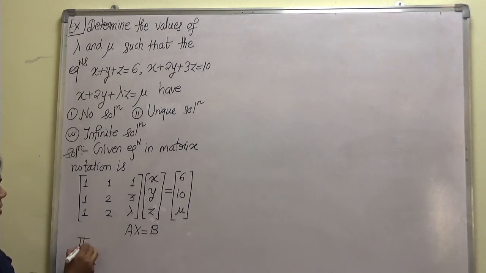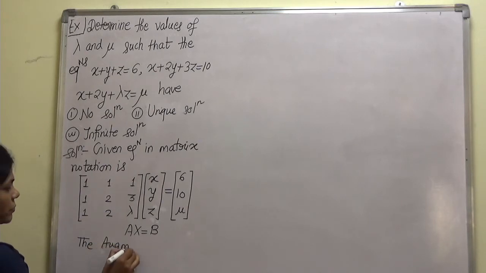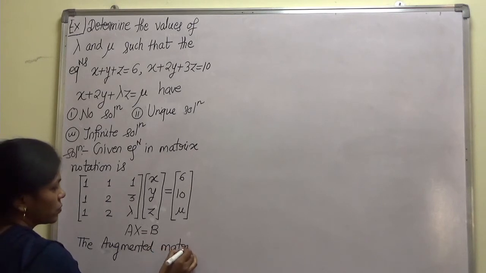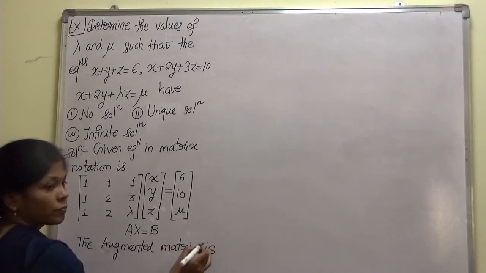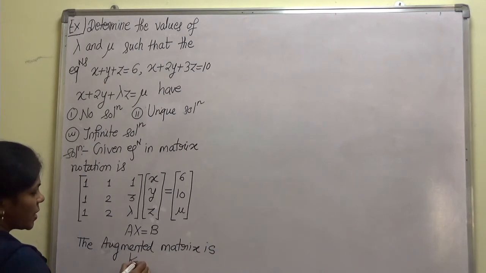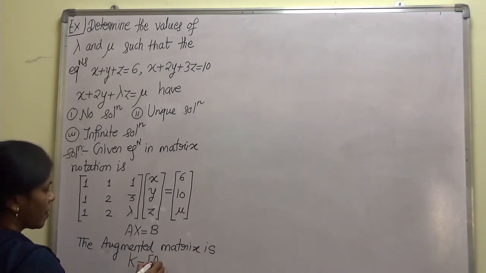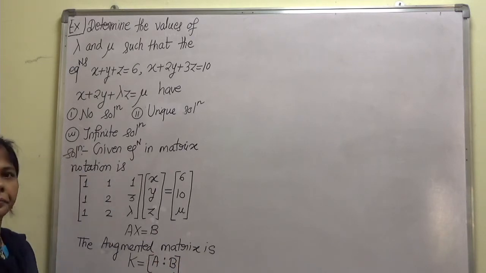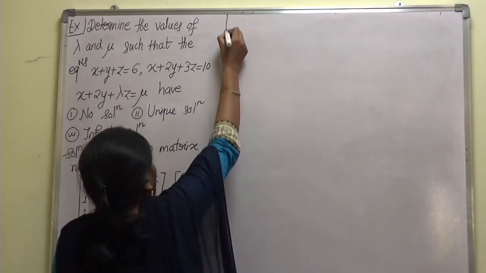The augmented matrix is denoted by K, capital K, defined as the matrix A augmented with B. Let us write this matrix K.